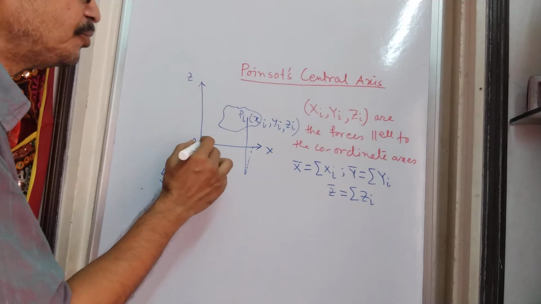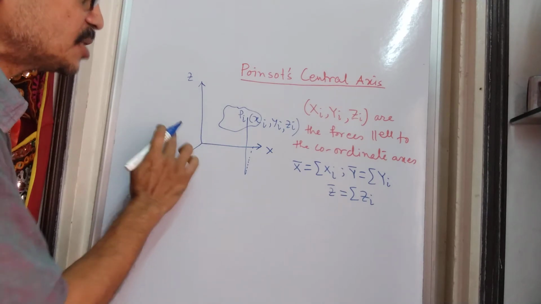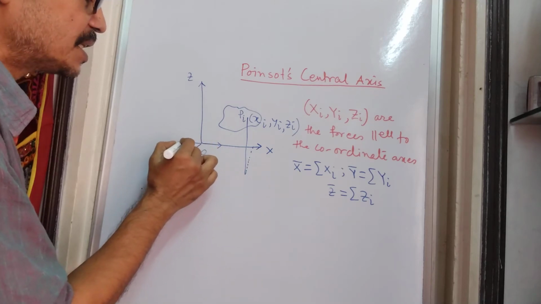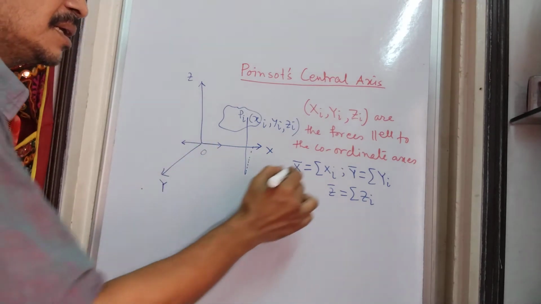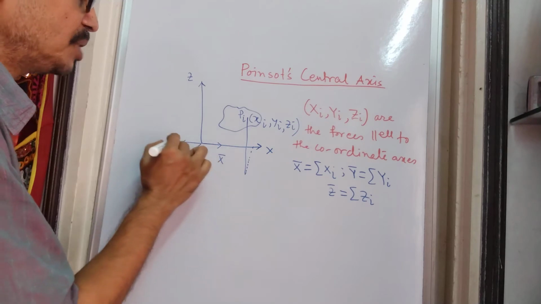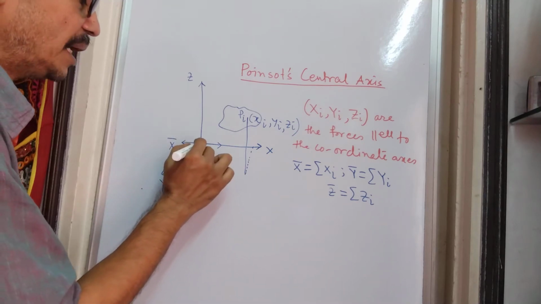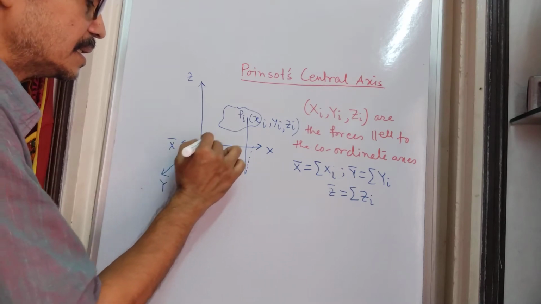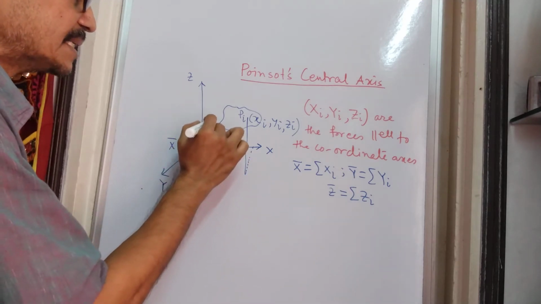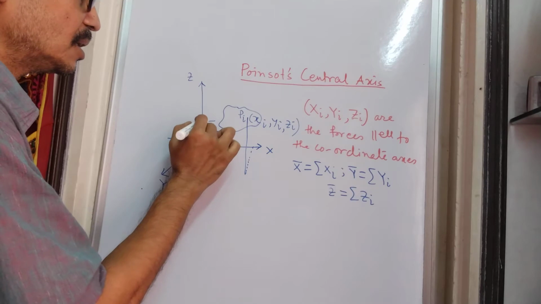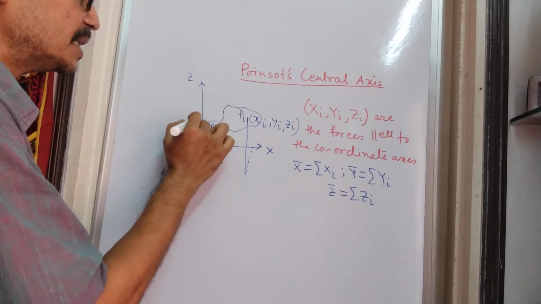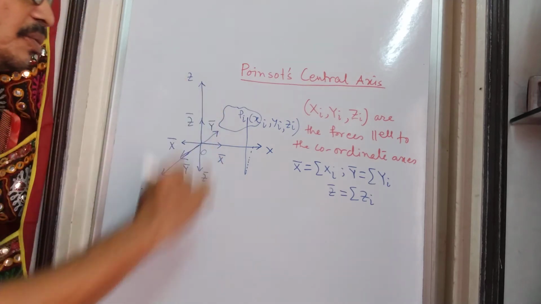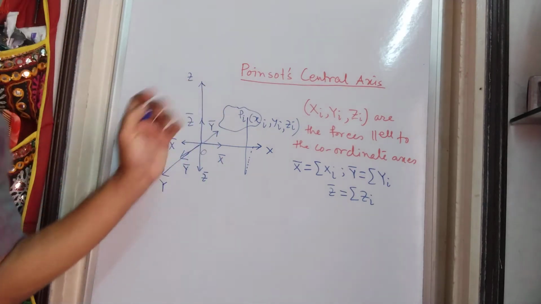And now if we apply at the origin equal and opposite forces amounting to X bar, equal and opposite forces along the y axis in the positive and negative directions, while equal and opposite Z bar along the z axis.